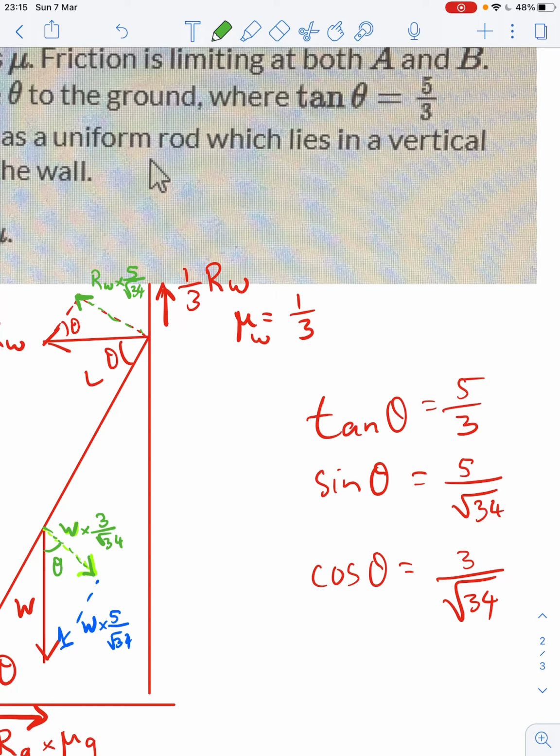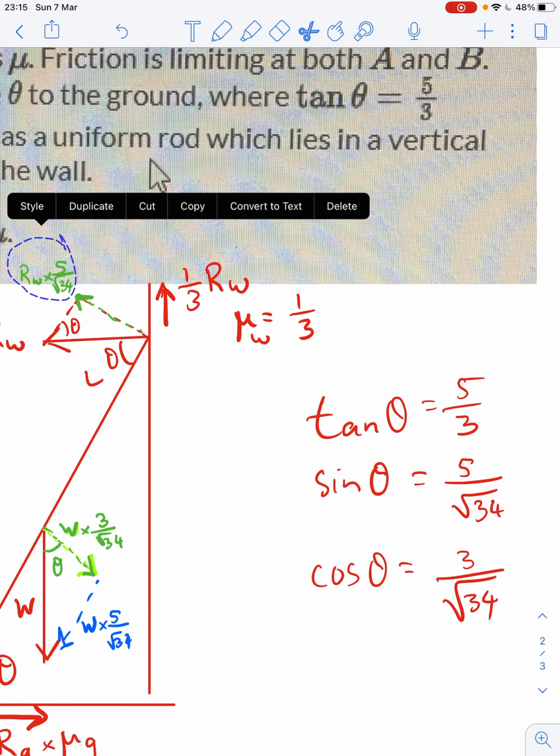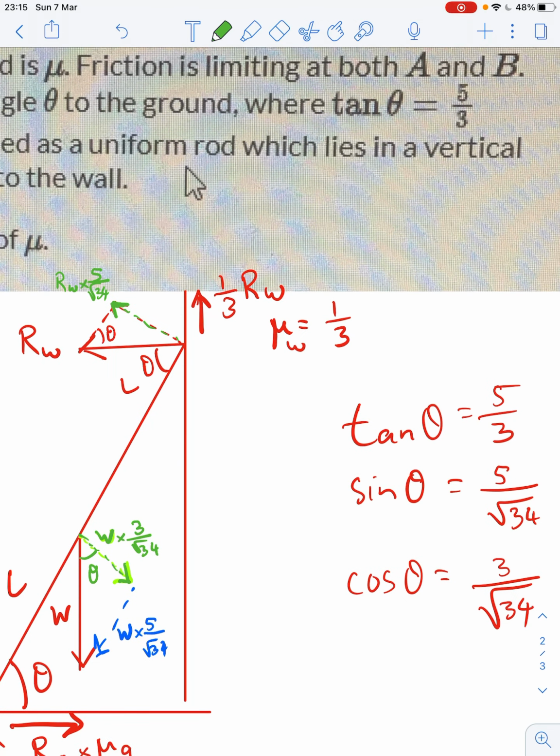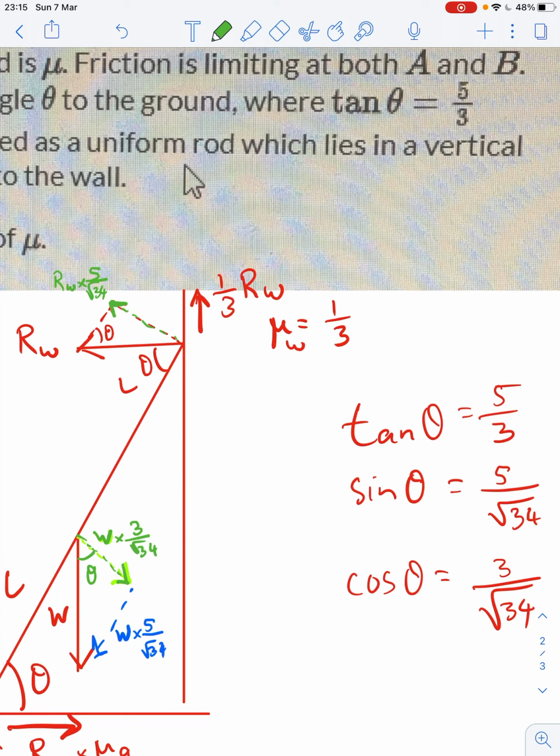Okay, and I'm just going to remodel this slightly because we've got this other force going on up here as well. So if I break this force down, it's going to have, again, perpendicular and parallel to the ladder force.